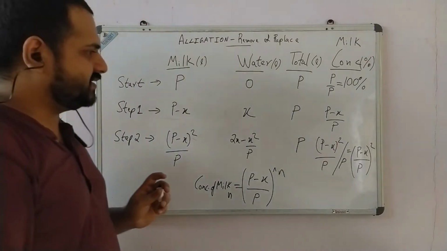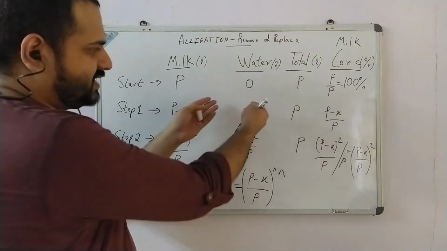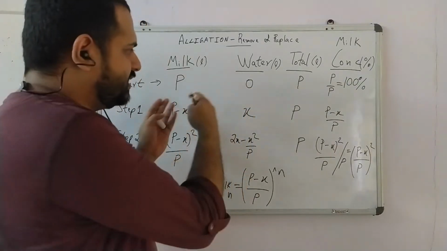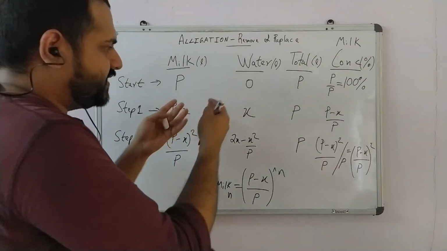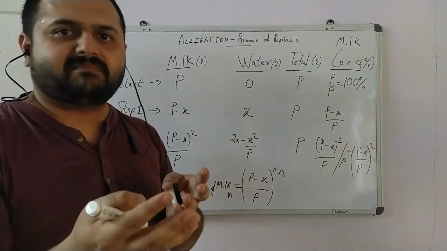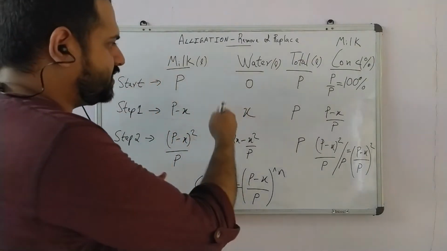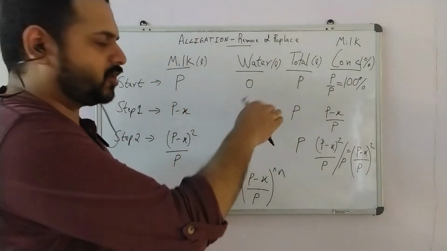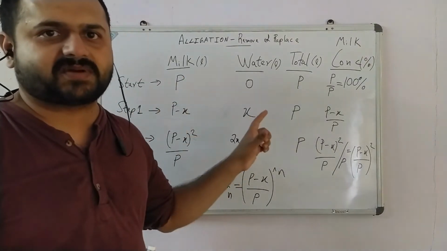Hope this is clear. The important part to keep in mind is the fact that when we are removing x liters, once this becomes a mixture of milk and water, that x liters will contain a mix of milk and water, and that will come out in the ratio of milk and water in this mixture from which you're taking it out. That's the important concept here, right?